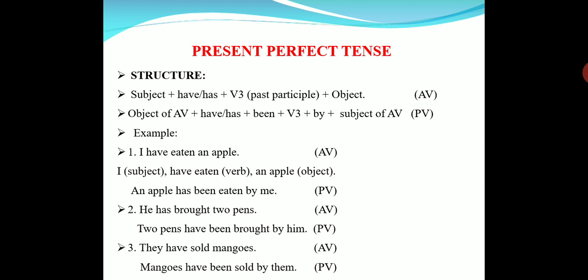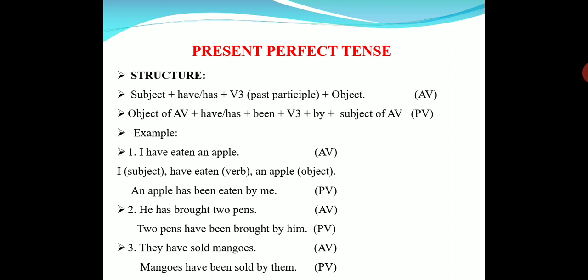So except third person singular, for all we use have. That you have to remember. Instead of he, there may be Rama or Krishna or Sita, any name, or a dog, like that, singular. Third person singular takes has. The remaining take have.